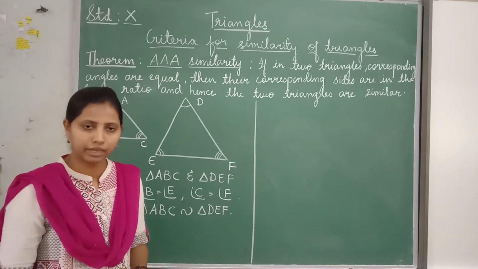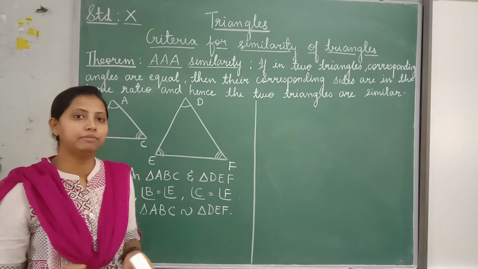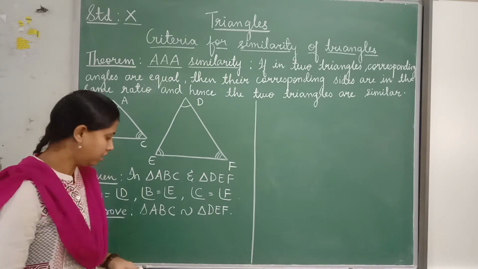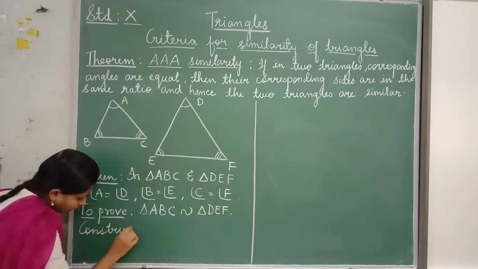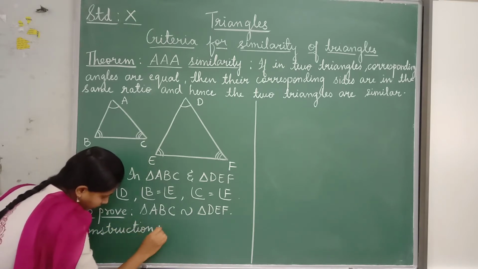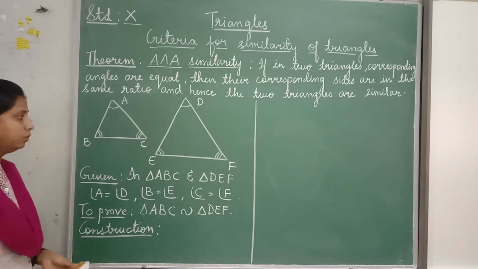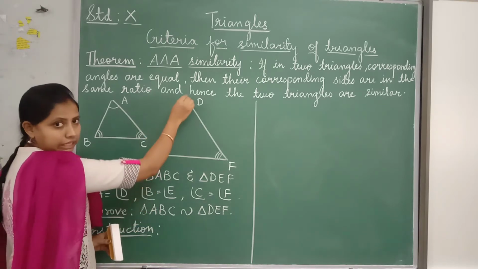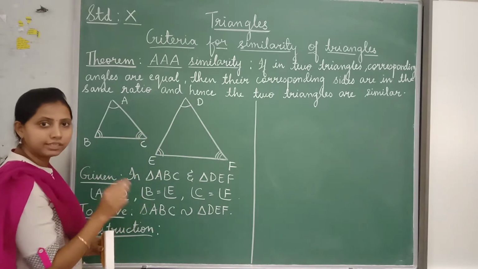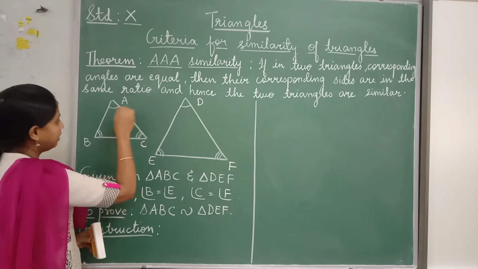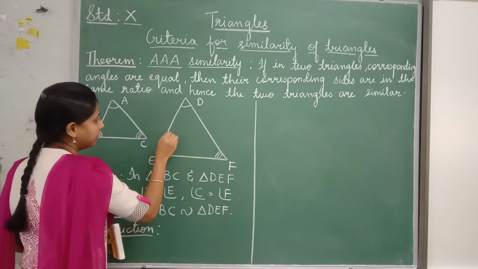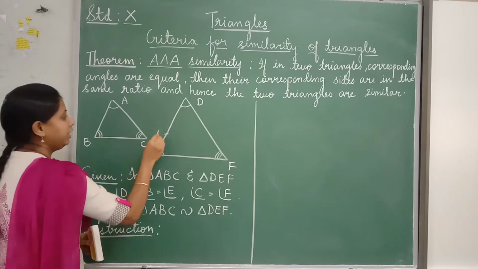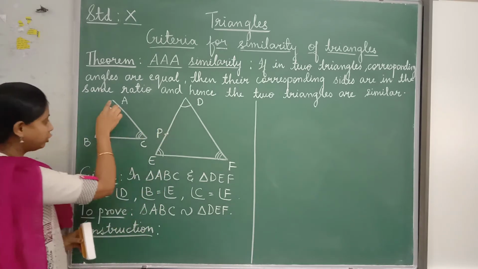To prove this, we have to do a construction. The construction is: cut the line DE in such a way that DP is equal to AB.